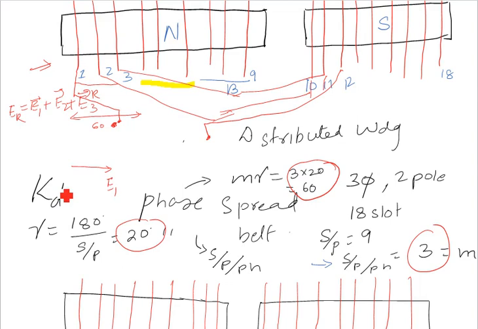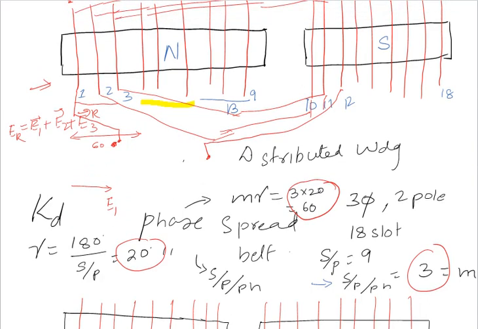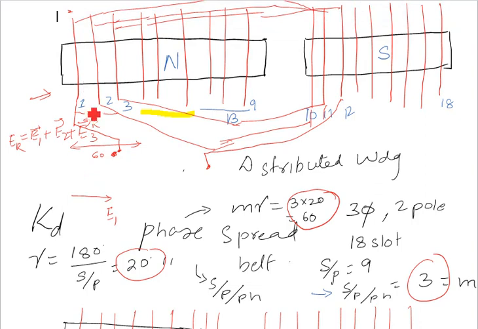EMF 1 has a vector at 0 angle. EMF 2 is space displaced by 20 degrees, and the third, EMF 3, is space displaced from EMF 2 by another 20 degrees. So, whole and soul, if you see the resultant EMF, it has a phase shift of 60 degrees.